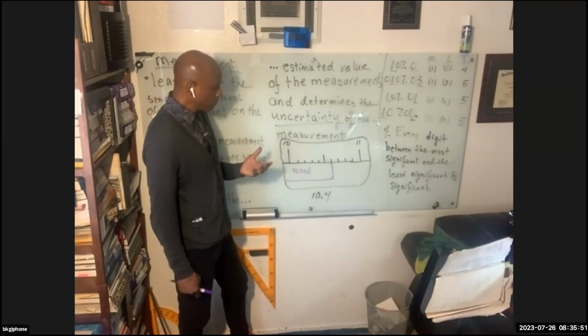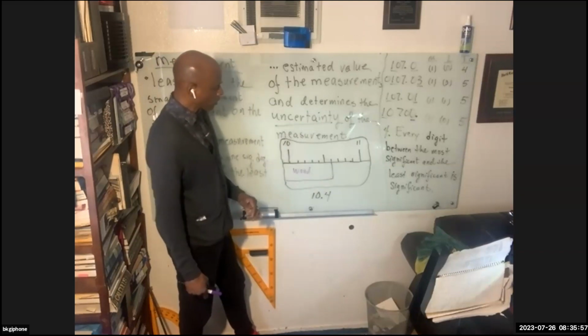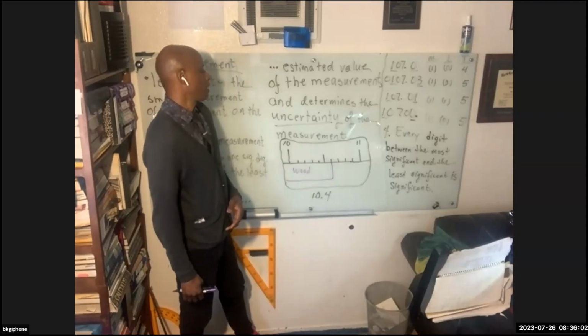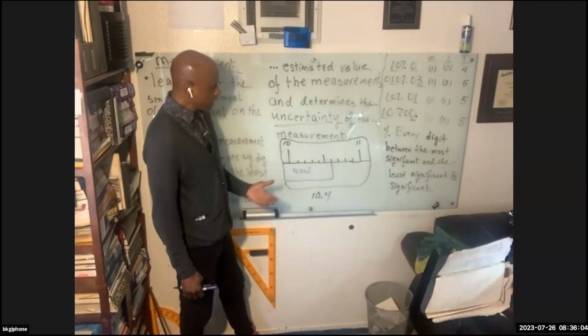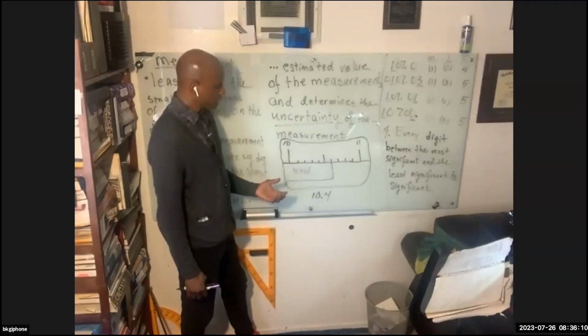When I was young, I could pretty much tell whether or not an object fell right on any of the hash marks or if it were in between. I'll give an example of in between in a minute. Now, right now, it doesn't look like it's in between. So I would then estimate that the measurement is exactly 10.4.